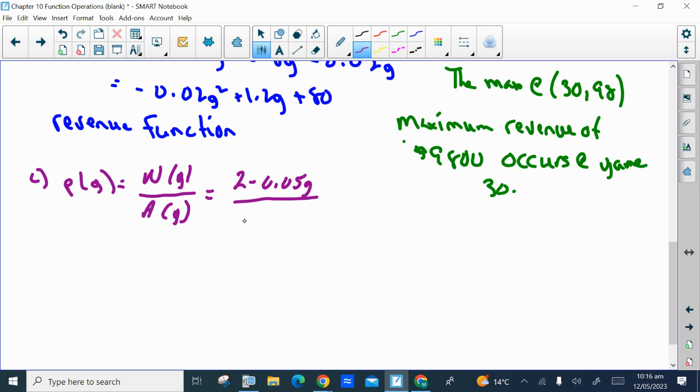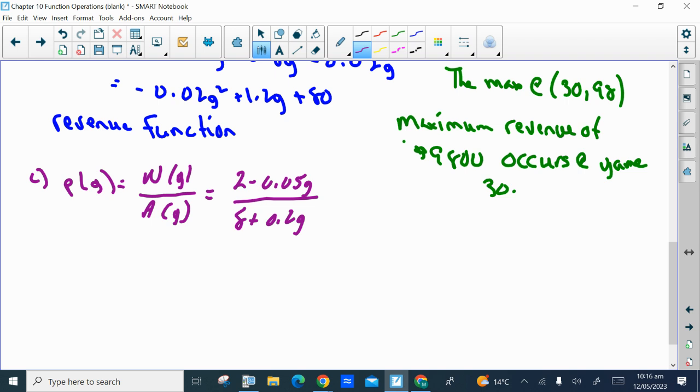So that is 8 plus 0.2 G. We know that probability generally is found by taking the number of favorable outcomes divided by the number of possible outcomes. Well, that's what this expression will give us.